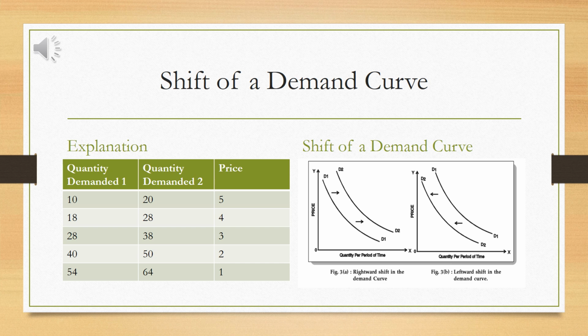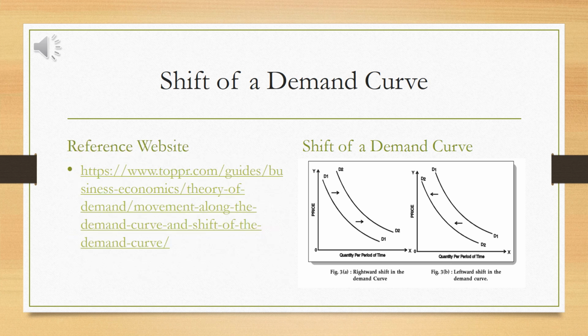Since quantity 2 is always larger than quantity 1, we say that we have an increase in demand or a rightward shift of the demand curve. This is the reference website from which I got the picture I cite to depict the rightward and the leftward shift in the demand curve.